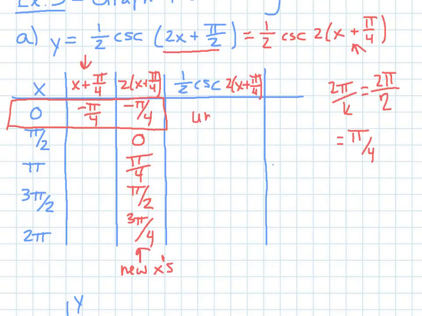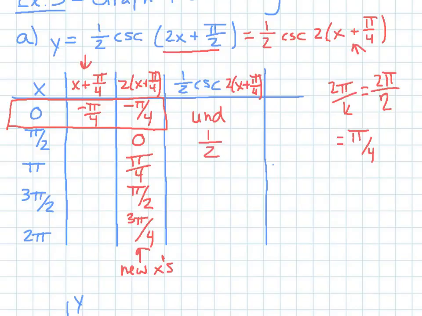So we should get an undefined line at negative pi over 4. If I plug in 0, 0 plus pi over 4 is pi over 4, times 2 is pi over 2. Cosecant of pi over 2 is 1 over the sine of that, which is 1. 1 times 1/2 is 1/2.